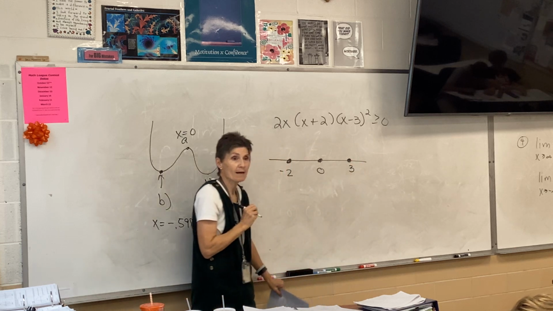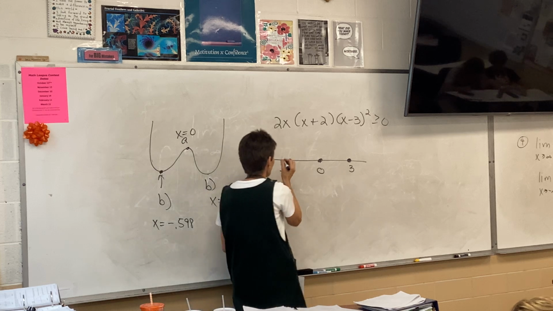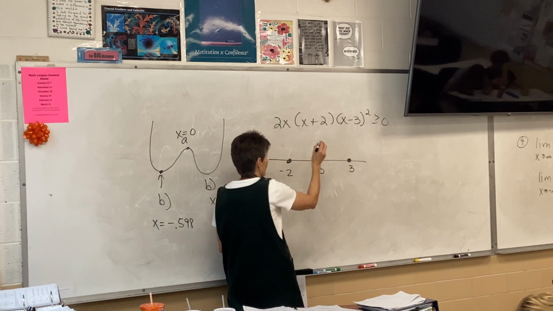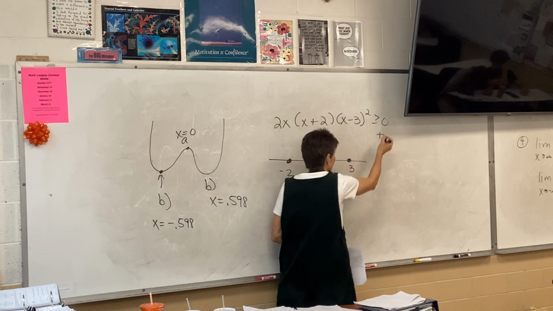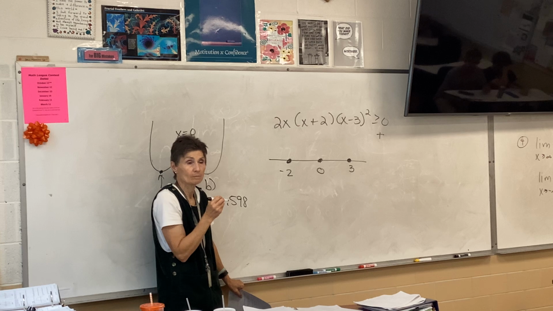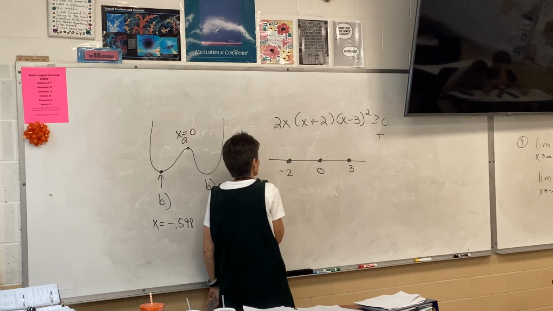Does everyone agree with that? And then we're gonna pick a number in each of these intervals, and we're going to see if it yields a positive result greater than 0. All right, so you go, I'll go, we'll see if we match up here.